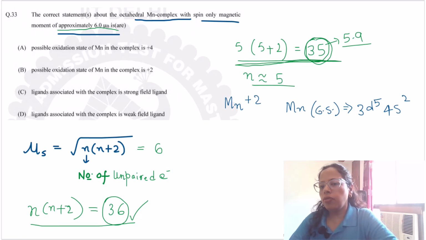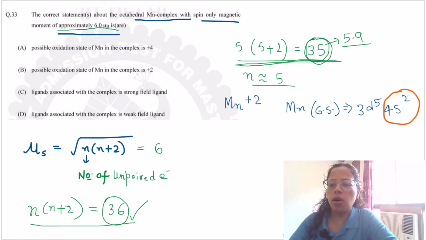Now in order to have only 5 unpaired electrons, these 4s electrons are gone, and then we have only 3d5. When the 4s electrons are gone, manganese is in the +2 oxidation state, because it loses the two 4s electrons.